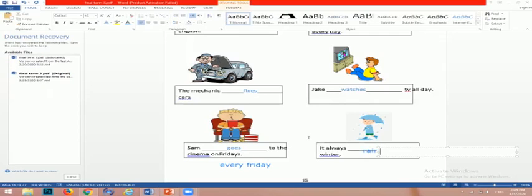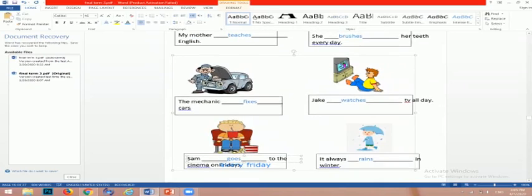My mother teaches English. Second one, she her teeth every day. So here we have an action that happens every day. So we will use brush. Here it ends with SH, so we will add ES, brushes.